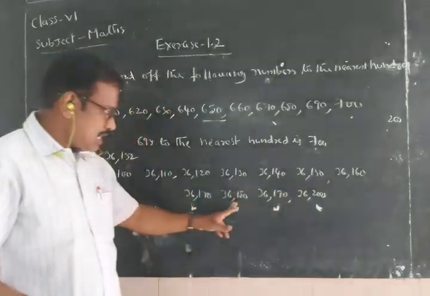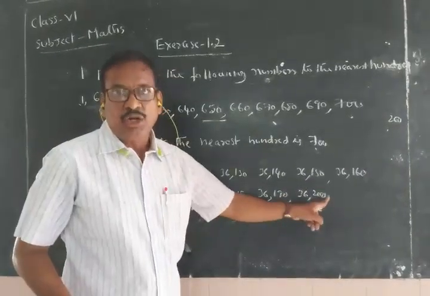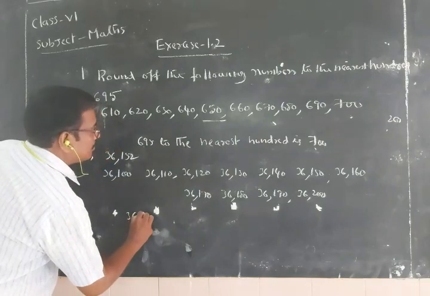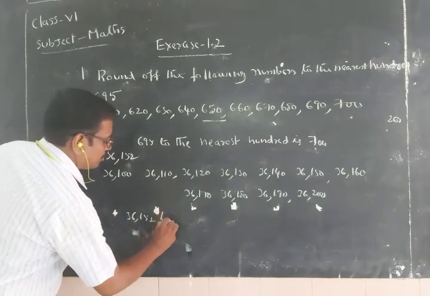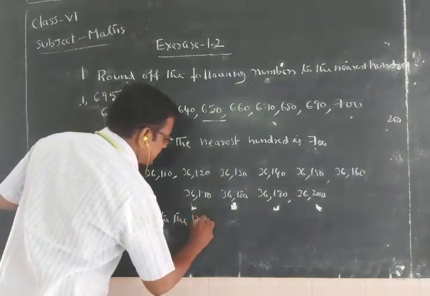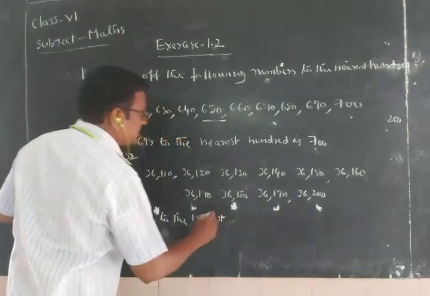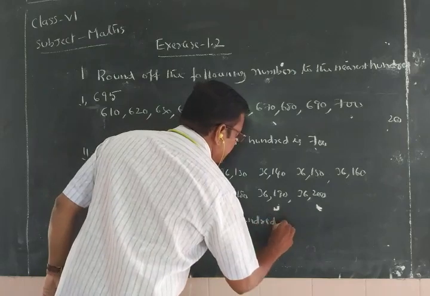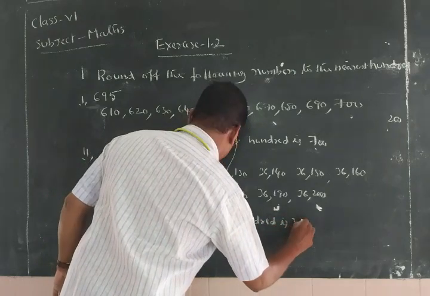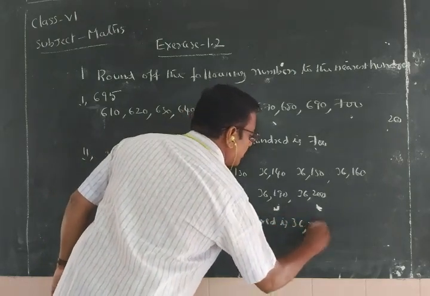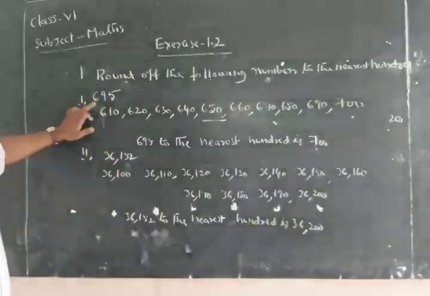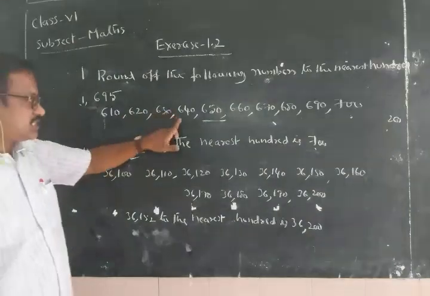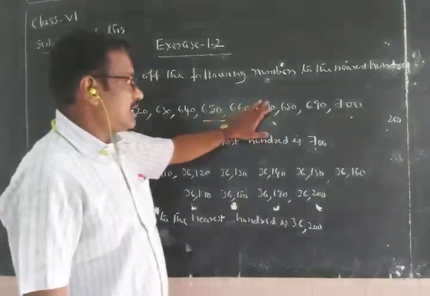So the nearest 100 is 36,200. 36,152 to the nearest 100 is 36,200.